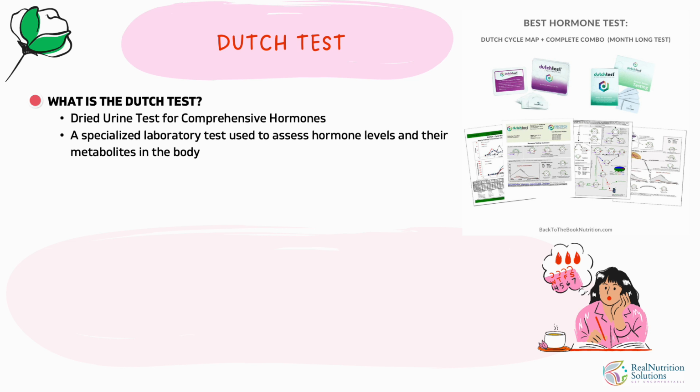Though they don't produce as much estrogen as the ovaries, they are expected to produce some. And if someone is experiencing adrenal fatigue and not able to produce that estrogen, a woman going through menopause is going to have a very difficult time.